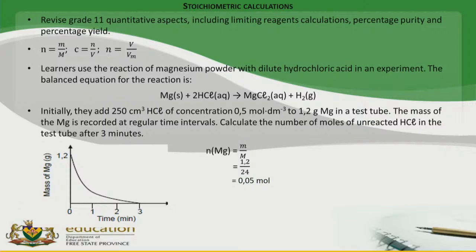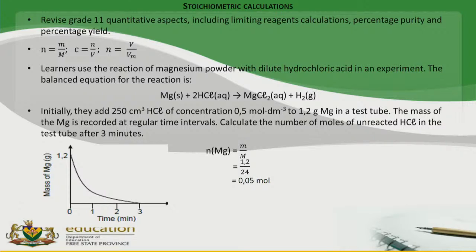Now, in chemistry, there are a number of stoichiometric calculations that we do. We do stoichiometric calculations in reaction rate, in equilibrium, in acids and bases, and so on. Now, for the stoichiometric calculations, what is important for you to know is you will use the equations that have the number of moles.